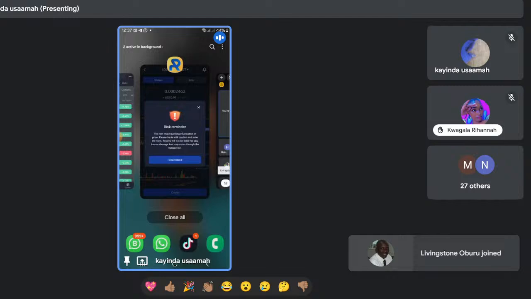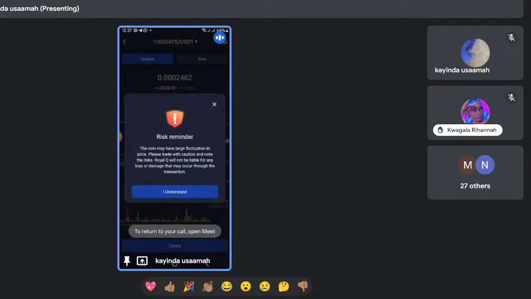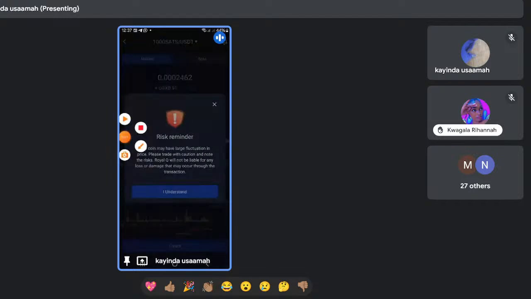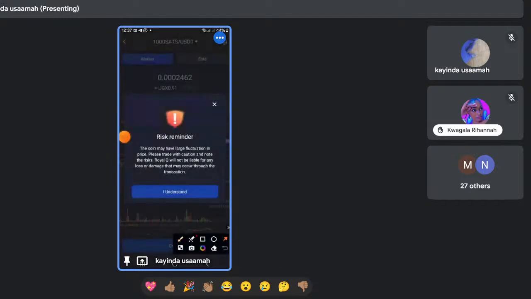So now let's go back. When you open any token, usually it brings this reminder. This reminder is like an exclaimer. You see this exclaimer? What is it saying? The coin may have large fluctuation in price.